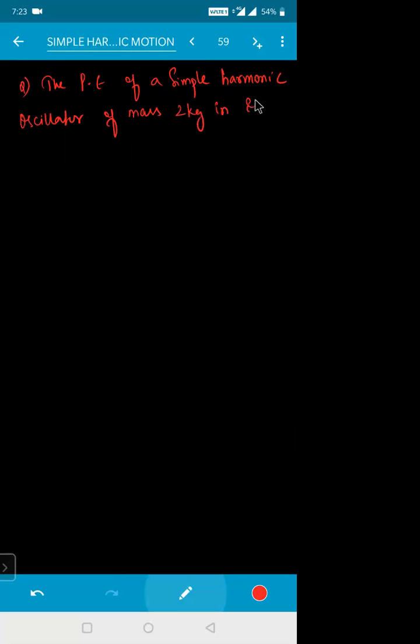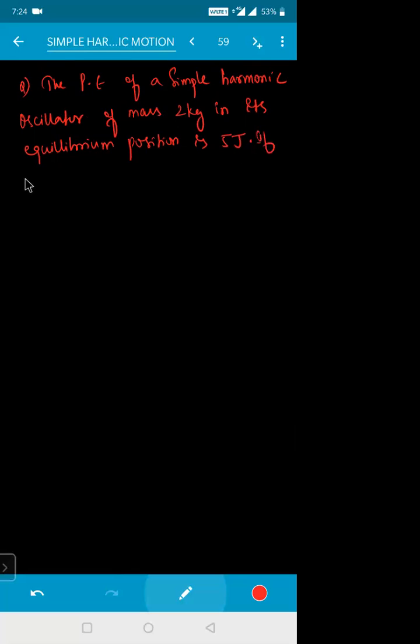One more question. The potential energy of a simple harmonic oscillator of mass 2 kg in its equilibrium position is 5 joules.